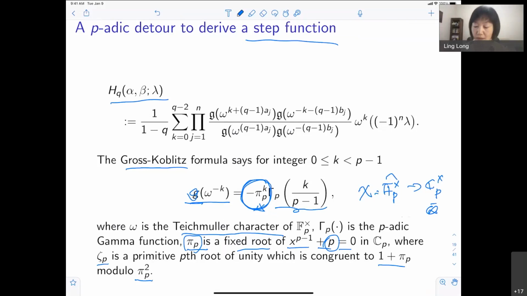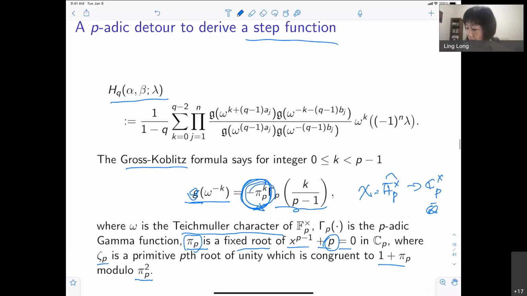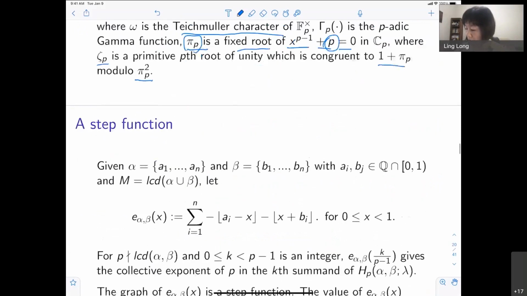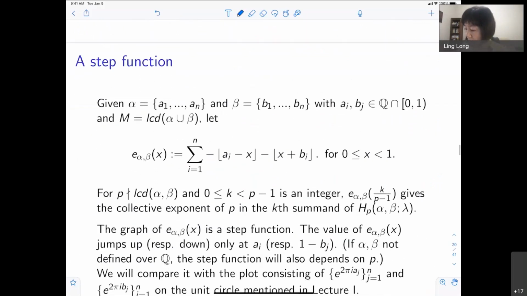The H function is constructed using a bunch of Gauss sums on the top and, in the denominator, we combine all the powers of p together to get a step function. So if we plug this Gross-Koblitz formula into the definition of the H_q function, we get a combined p power for the k-th term.